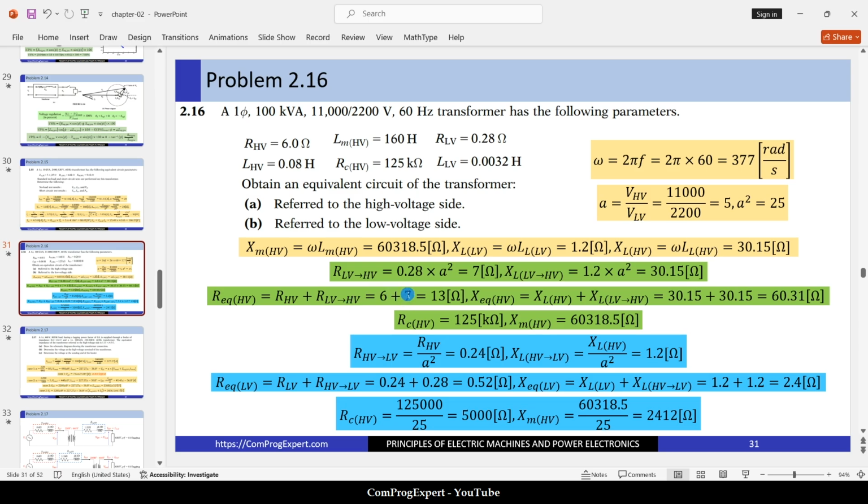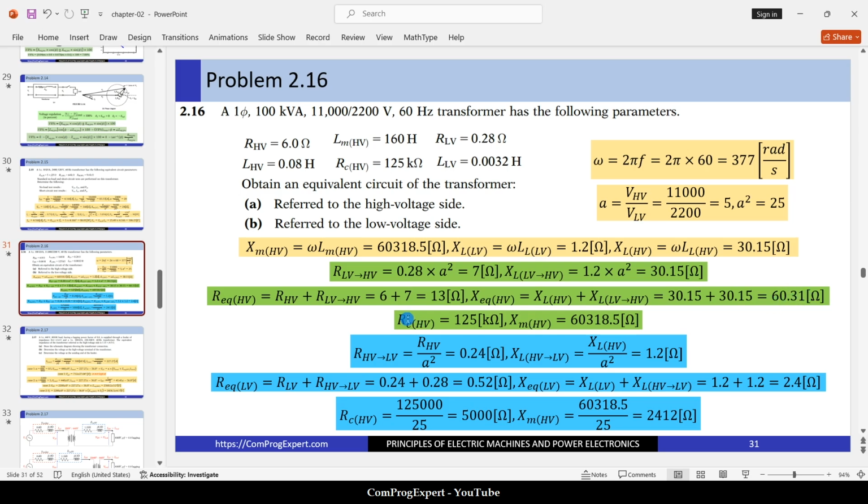6 plus 7. And this is the value of the equivalent leakage reactance, that is equal to the leakage reactance of the high voltage side plus the leakage reactance of the low voltage side referred to the high voltage. That is equal to this one.